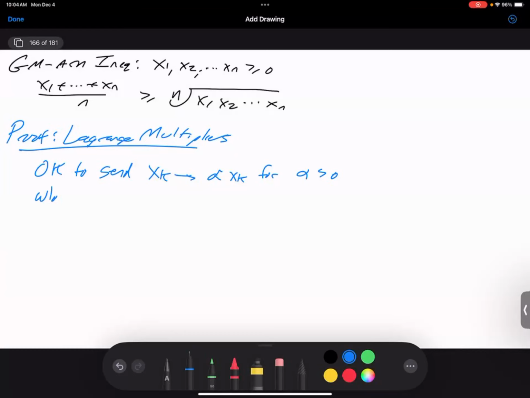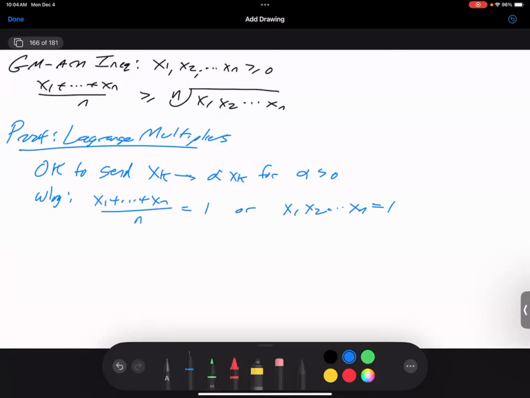So without loss of generality, either (x1 + ... + xn)/n equals 1, or the product equals 1. And it just makes life a little bit easier. And depending on which way you're trying to do the algebra, sometimes one is more useful than the other.